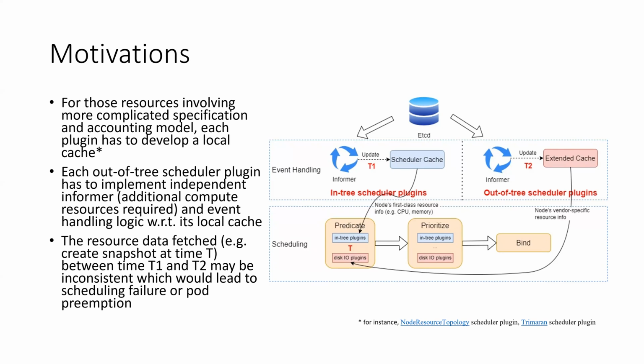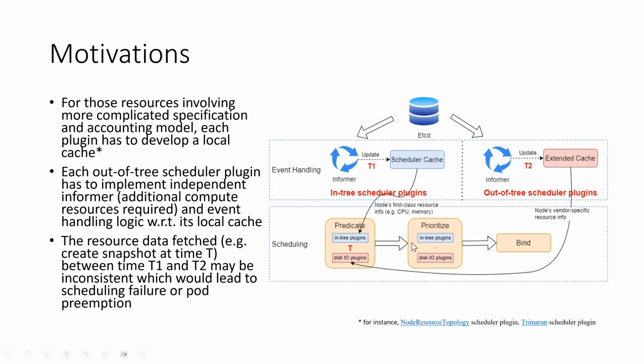There is also another problem with the resource data, because there are two caches. One is the core cache by the Kubernetes core scheduler. Another is the cache by each out-of-tree scheduler plugin. As identified in the diagram on the right, the data may be fetched at time point T1 by the core scheduler cache and at another time point T2 by the plugin, because these are different flows and processes.